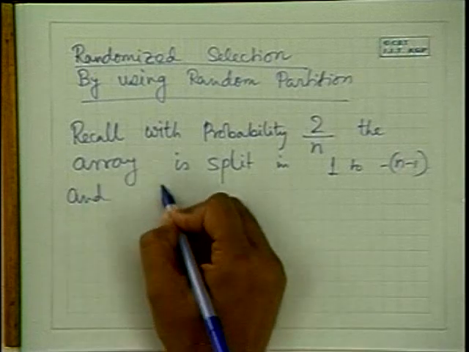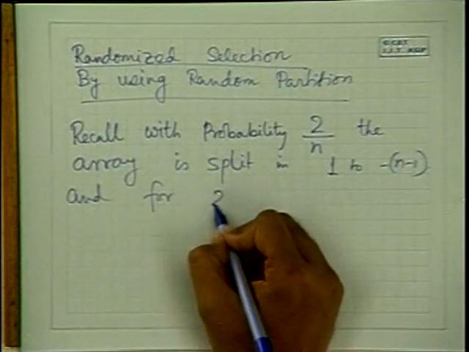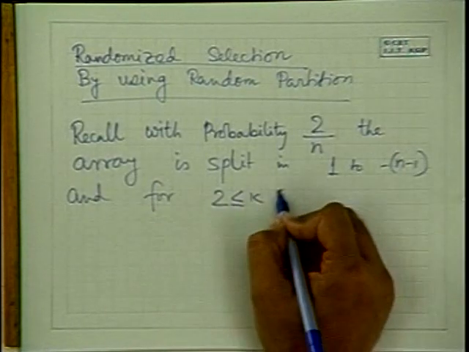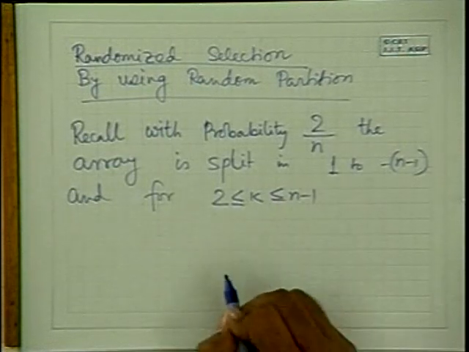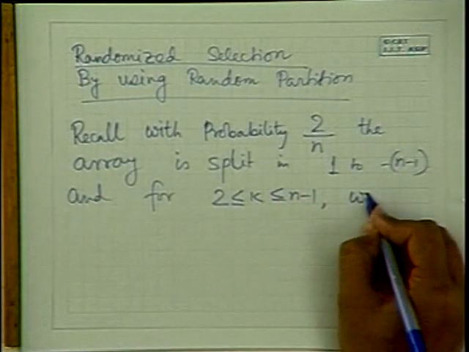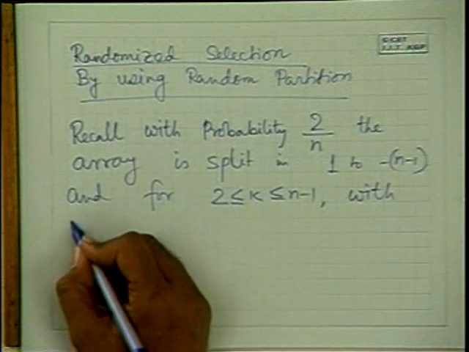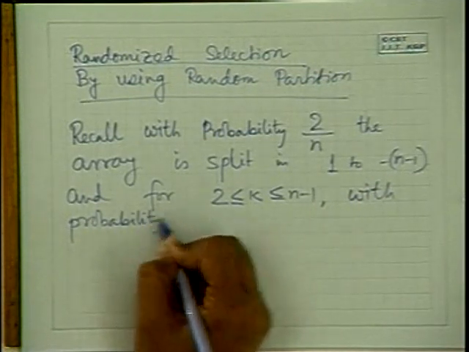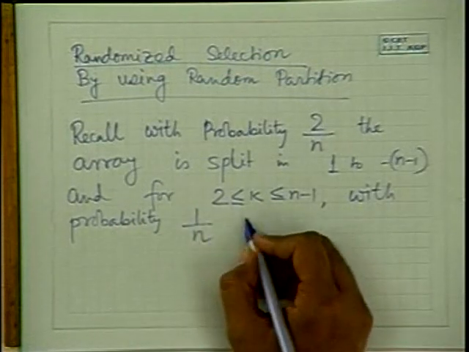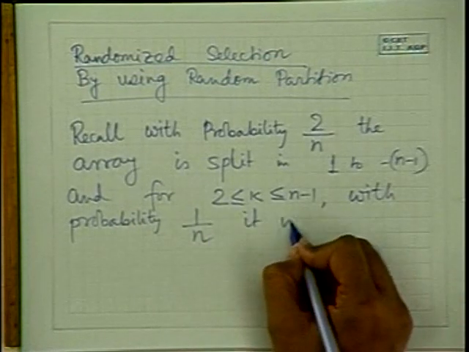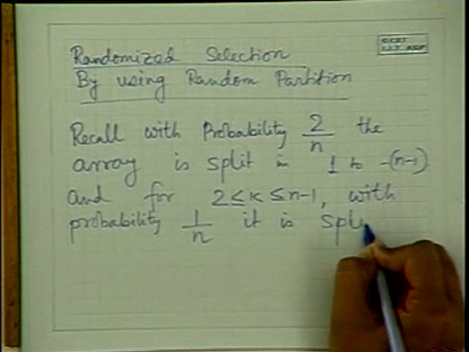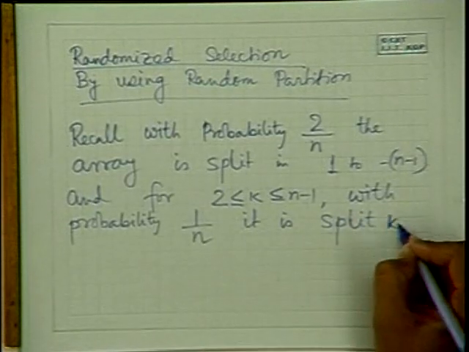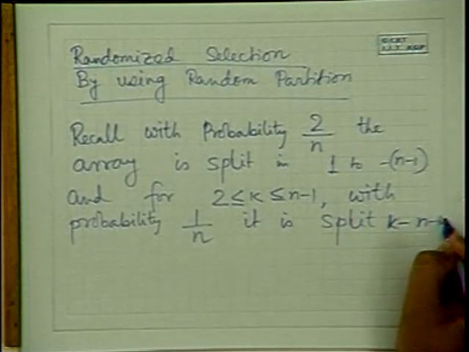And for all other k, which is n minus 1, with probability one over n, it is split k to n minus k.